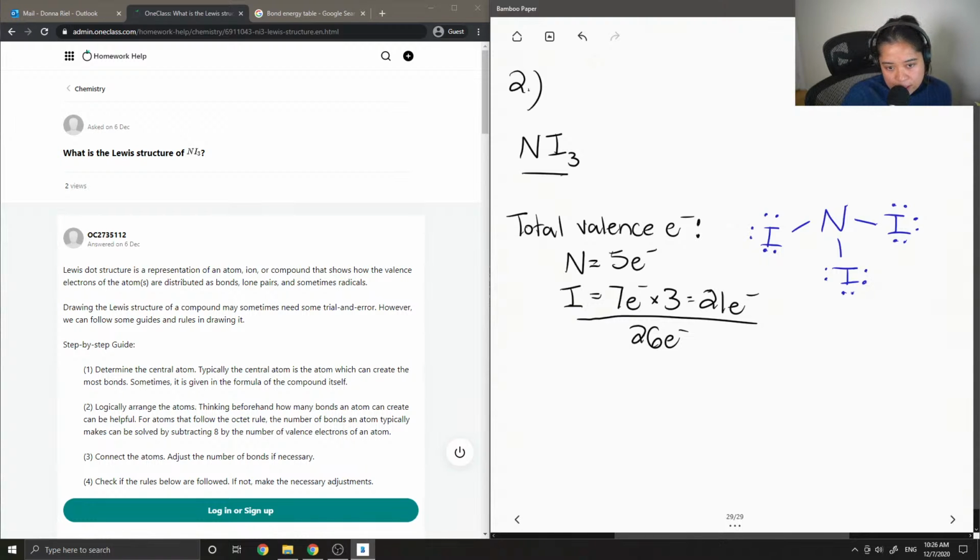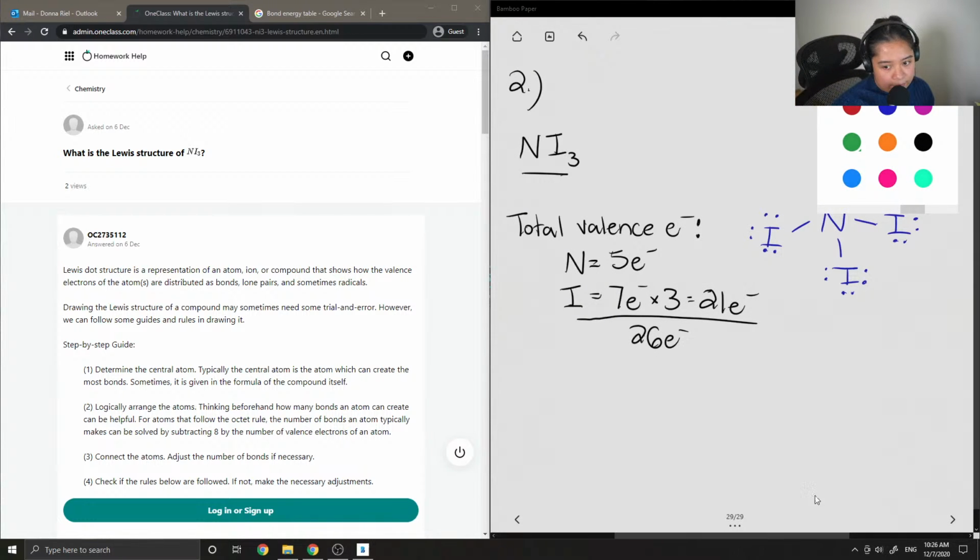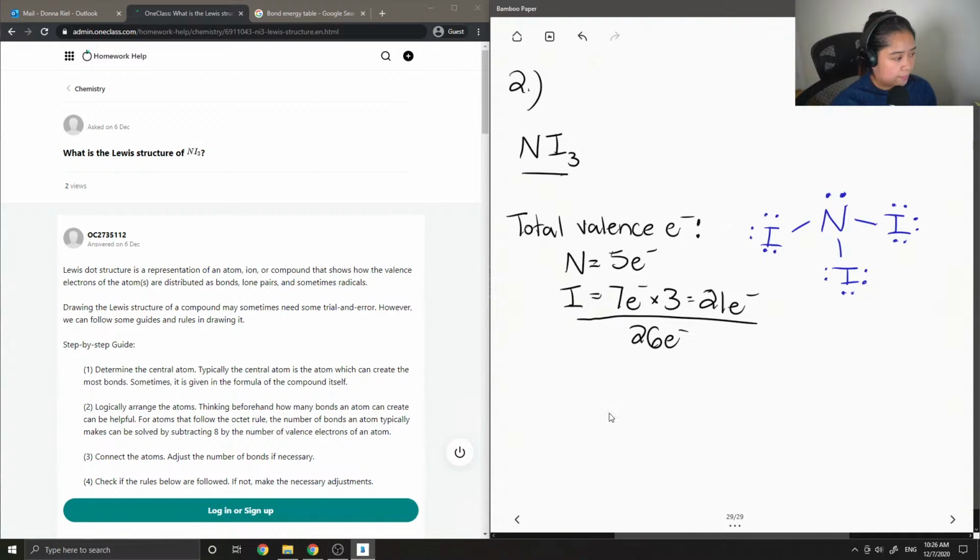And the remaining 2, I can draw as a lone pair on our nitrogen. Okay, so that gives us 26 valence electrons. Nitrogen has a full octet, so I can say that this is the Lewis structure for NI3.